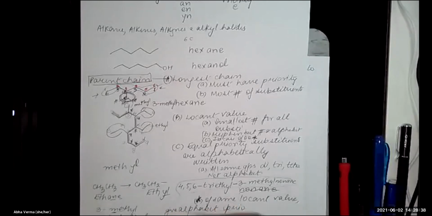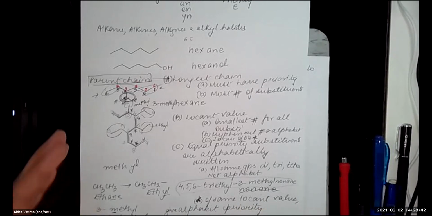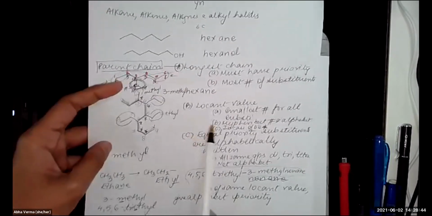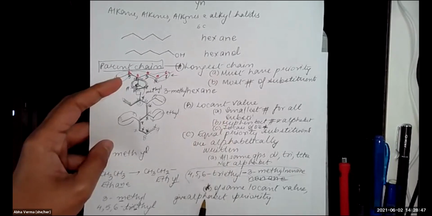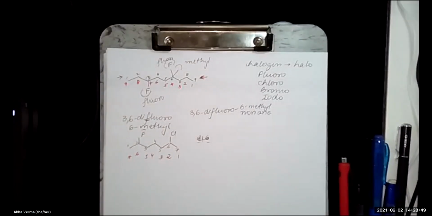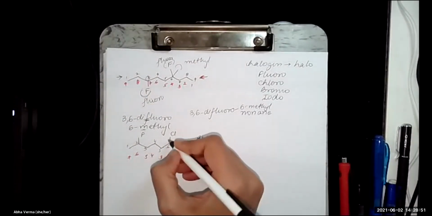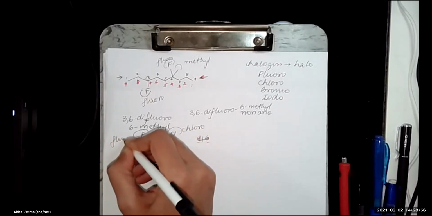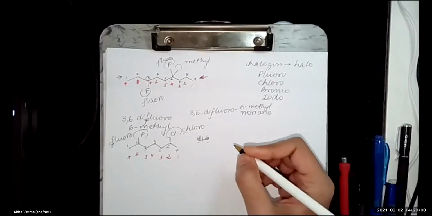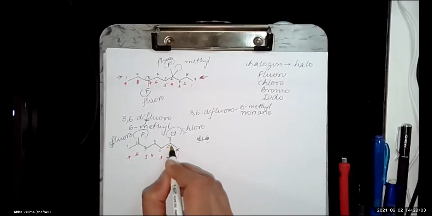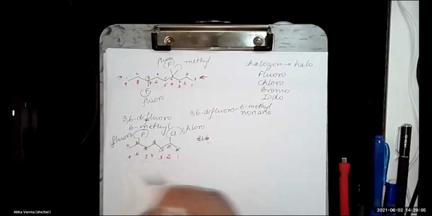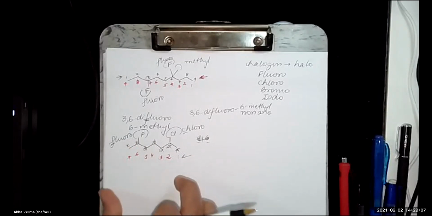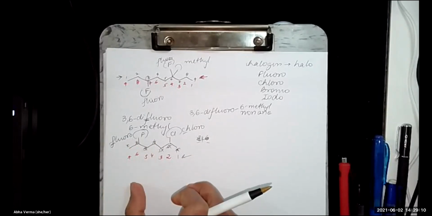So imbibing this rule in here, what comes first? The chloro or the fluoro? Chloro. I'm sorry, the chloro, yes. Chloro. So I will not look at this numbering. I will now look at this numbering. But this I did only in case of a tie.